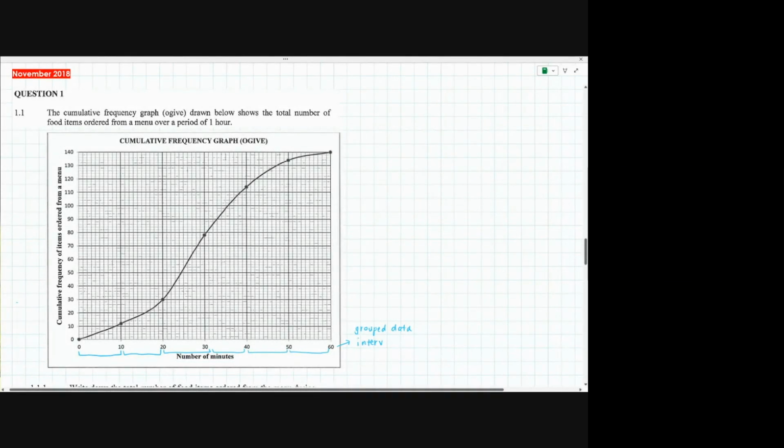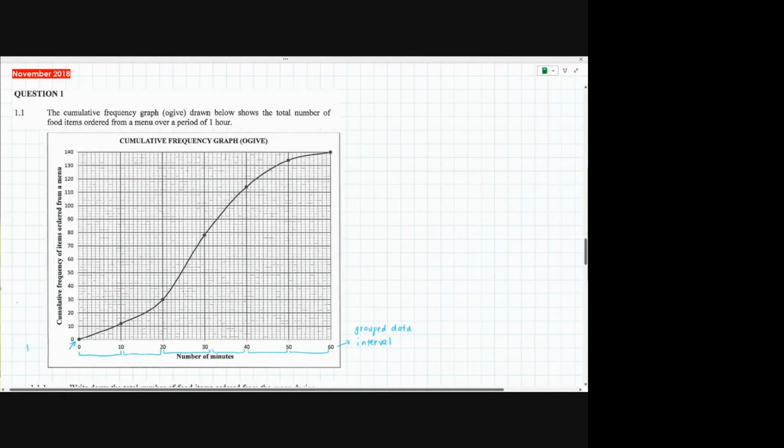Now, if you are asked to plot an ogive, which you're not often asked to do, you always ground your ogive at the lower limit of your first interval. So that first interval starts at 0 and goes up to 10.